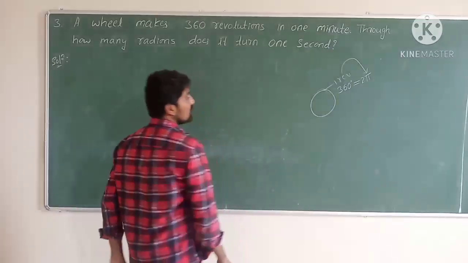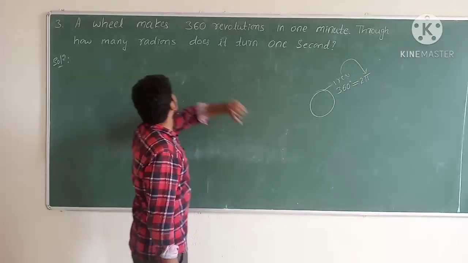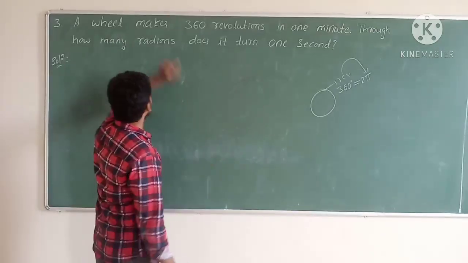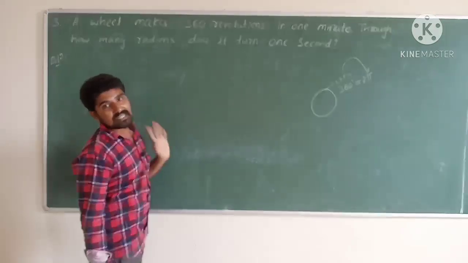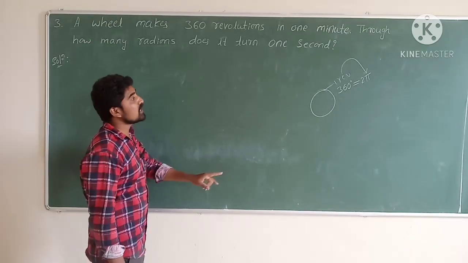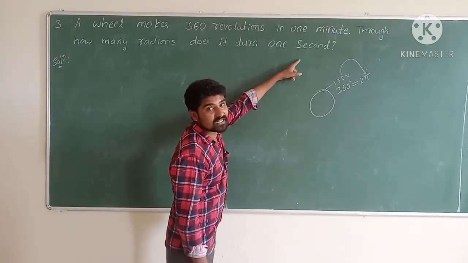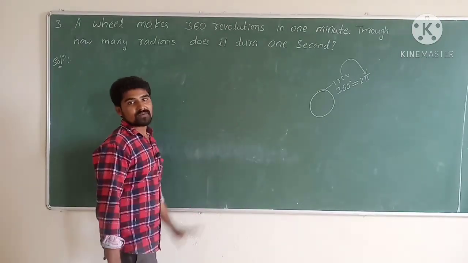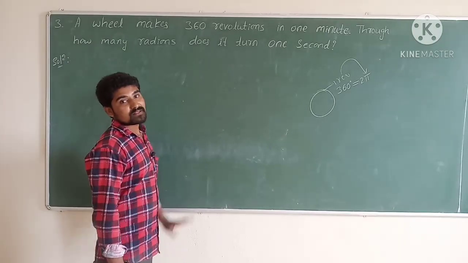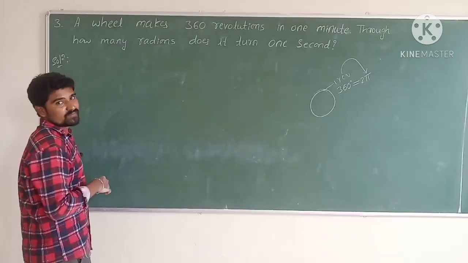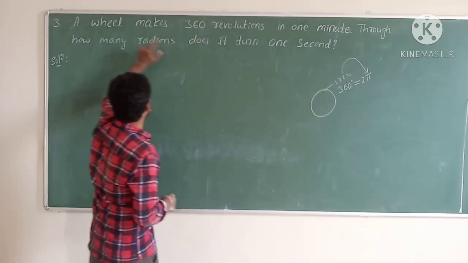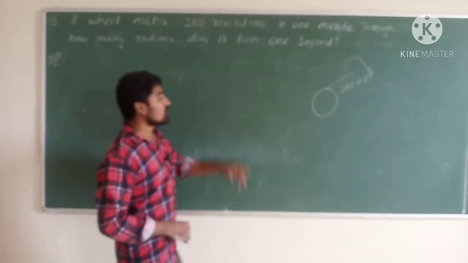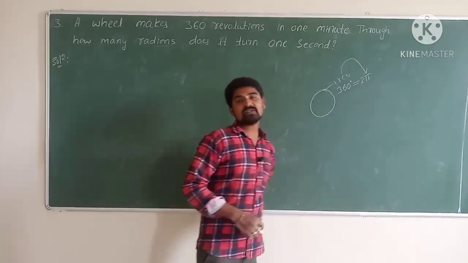So what I need is, in 1 second, that wheel makes how many radians. For that, I must first identify how many revolutions the wheel makes in 1 second. That number of revolutions into 2 pi is equal to the required answer.